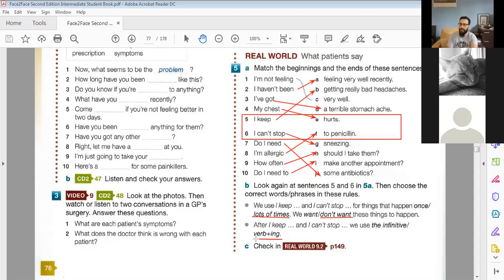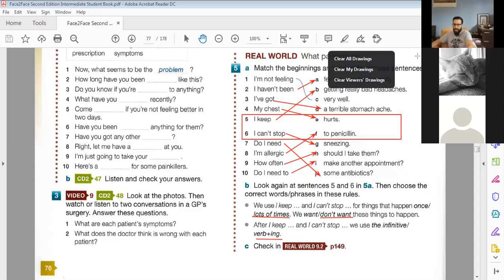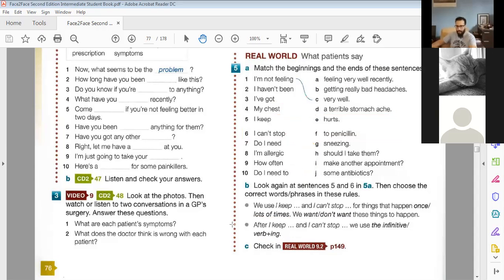In both examples, they use the ing after that. So I keep getting bad headaches. I keep getting stomach aches. I can't stop sneezing. I can't stop coughing. I can't stop throwing up, and so on. All right, so that's all they want us to answer here. I don't think it's too hard.